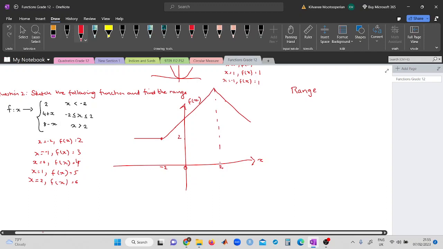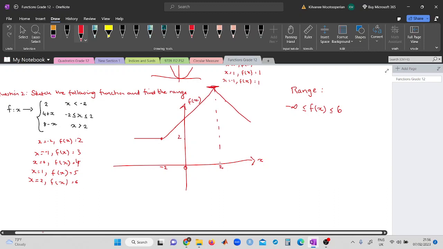Quand il est 4 plus x, ce petit bout là, il peut monter même jusqu'à 6. Mais après, du moment où il devient plus grand que 2, ok, donc 2, 3, 4, 5, 6, il diminue même, donc il peut baisser même. So I can say that my f of x will lie between, okay, since it's going to be minus infinity, minus infinity up till 6. This is my highest level.